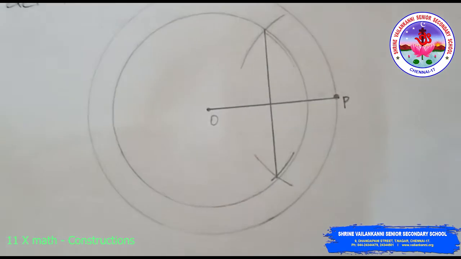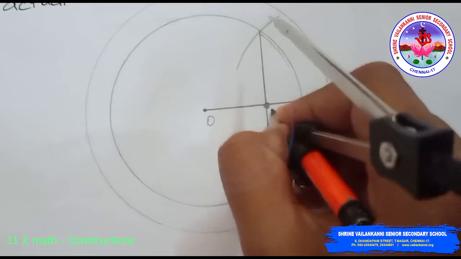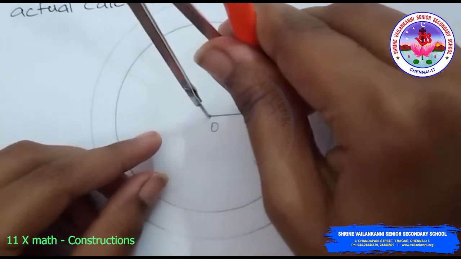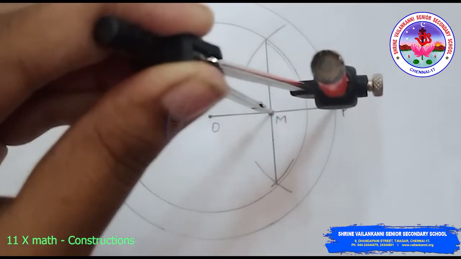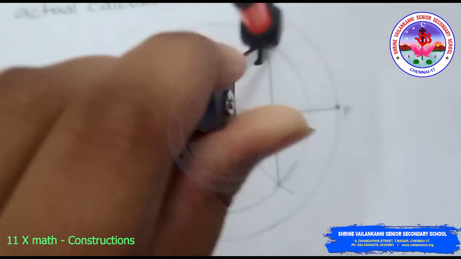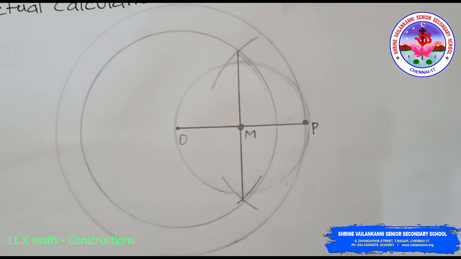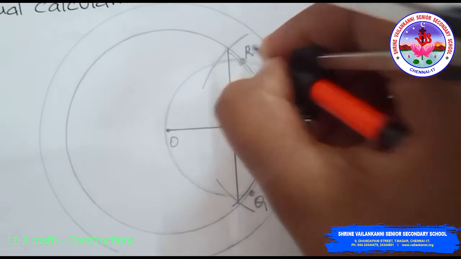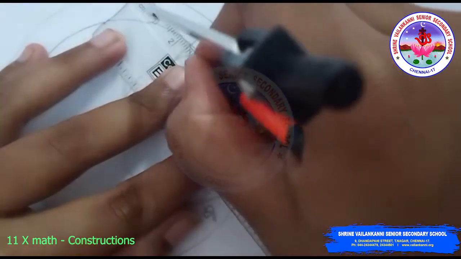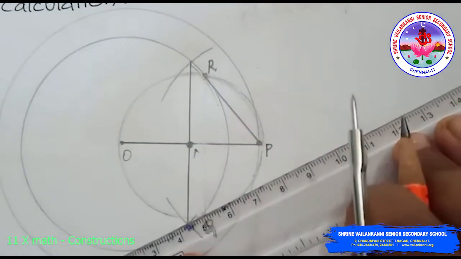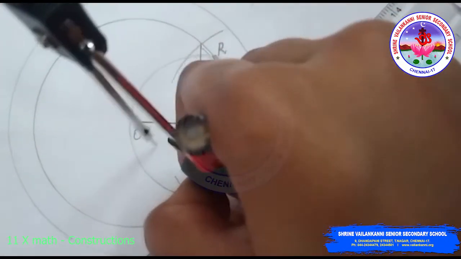Drawn a perpendicular bisector, now naming the middle point as M. Taking OM measurement and keeping the compass needle at the point M, I am going to draw a circle touching the inner circle at the points R and Q. So from the external point P, I am joining PR and PQ, where PR and PQ are the tangents drawn to the circle.